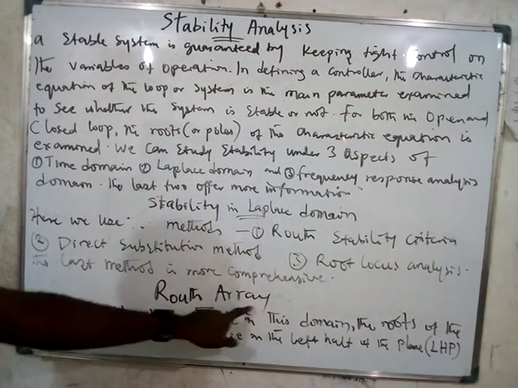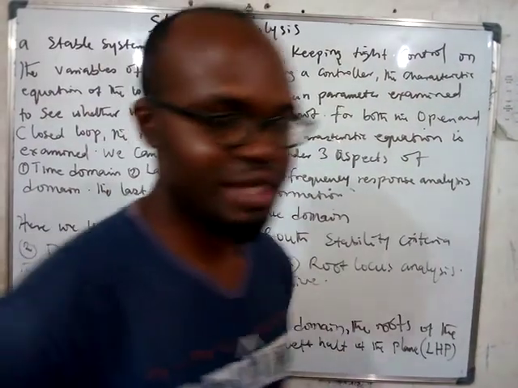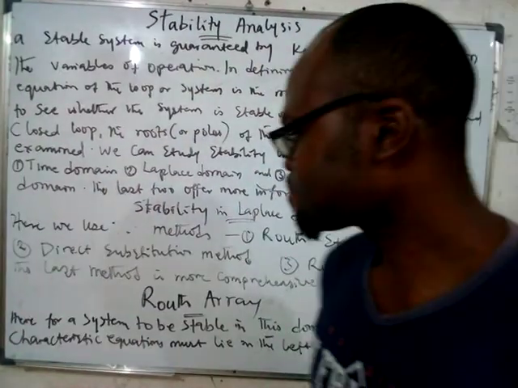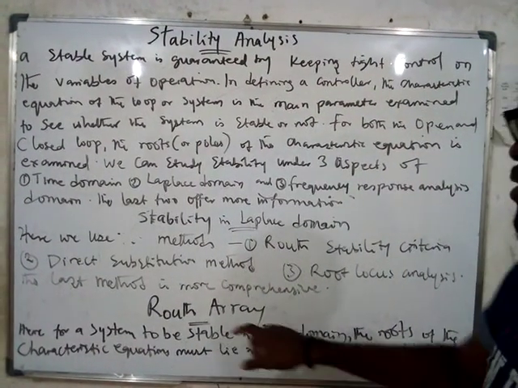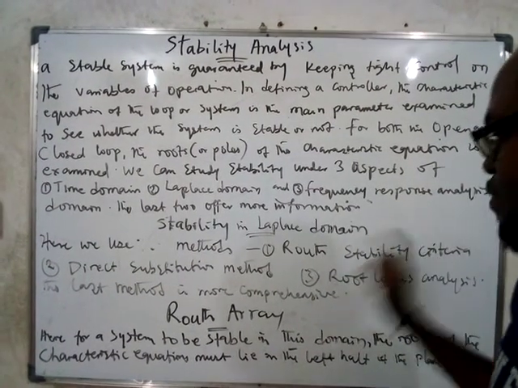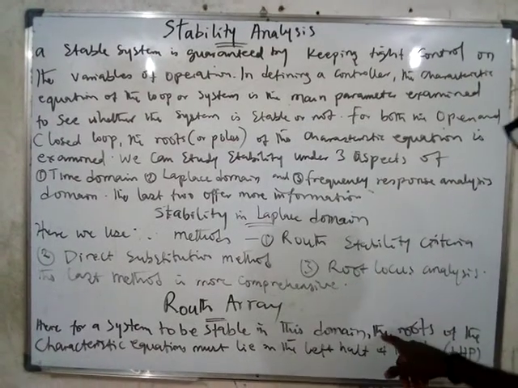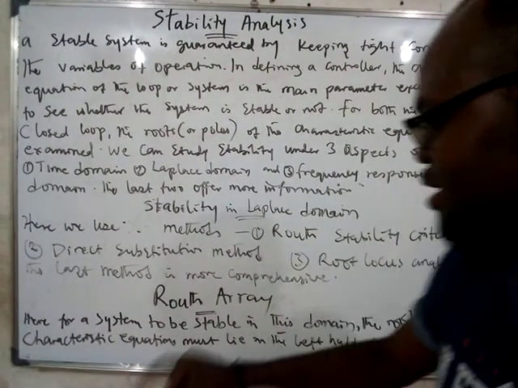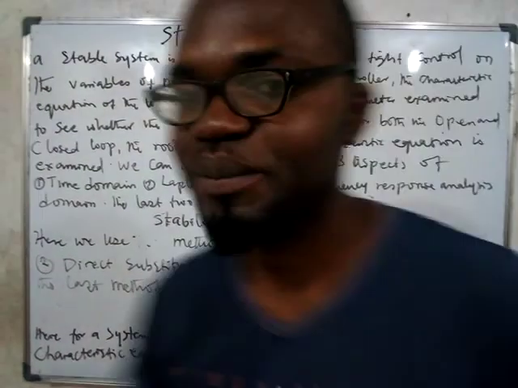Here we use what we call the Routh array to study stability. For a system to be stable in the Laplace domain using the Routh stability criteria, the roots of the characteristic equation must lie on the left-hand side of the plane.